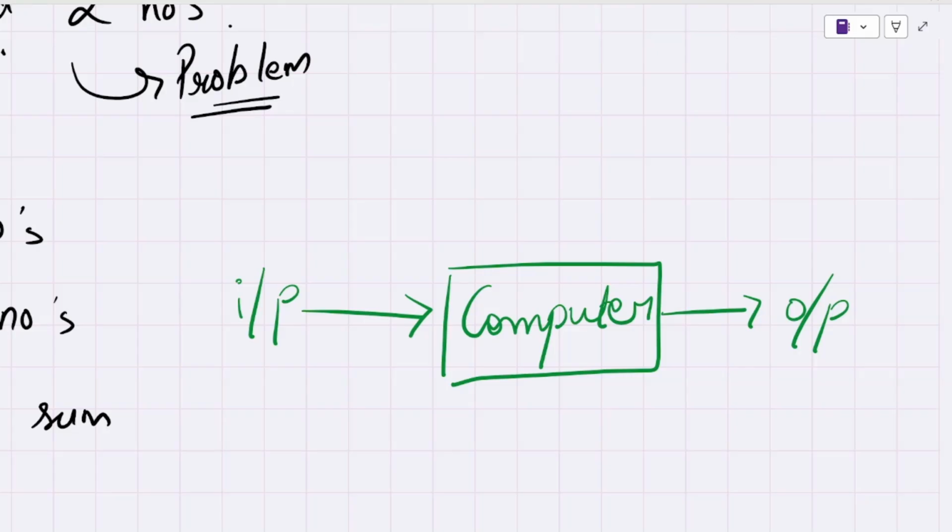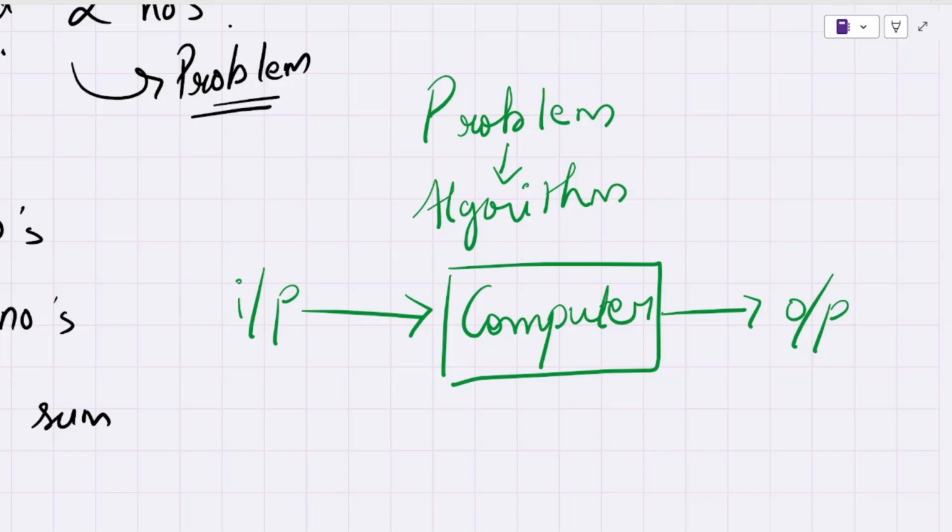For that, we will have a problem. There will be a problem, and to resolve that problem, I will write the algorithm and give it to the computer. And then I get the output. So, this is the step-by-step procedure for problem solving.